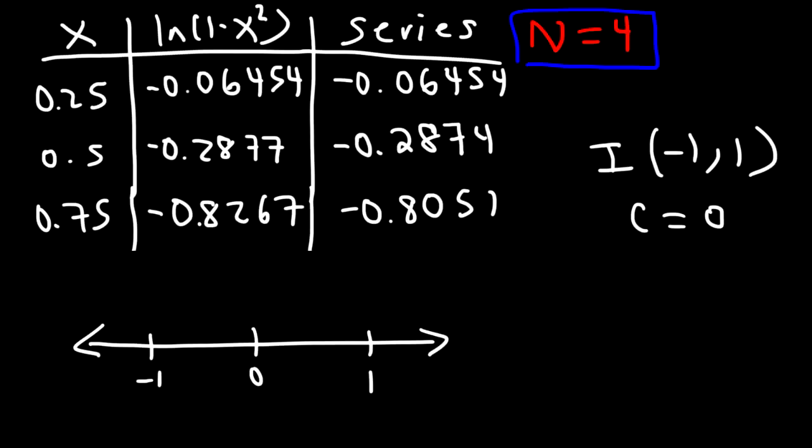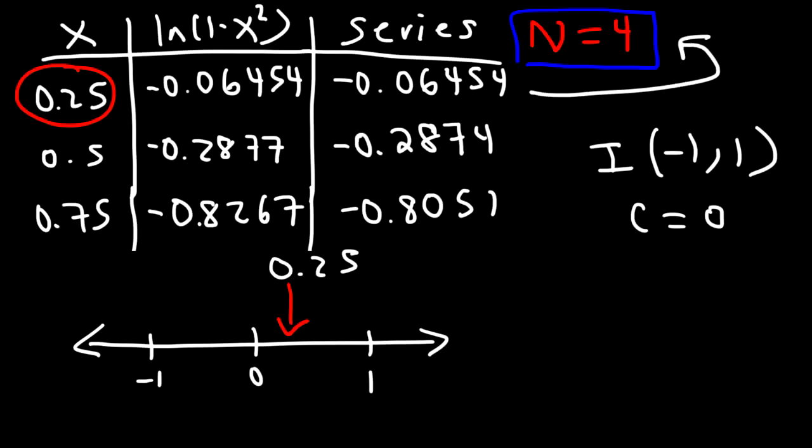Now, the reason why it's so accurate at 0.25 is because 0.25 is very close to the center of where the series converges. And that is why we do not need to add so many terms in order to get a very good approximation of the true answer.